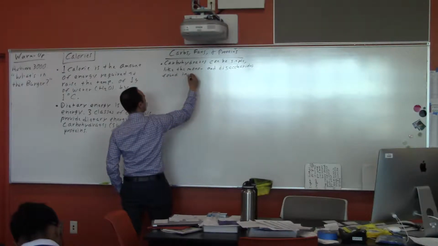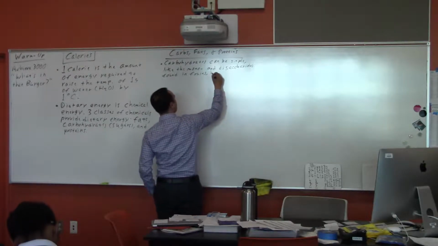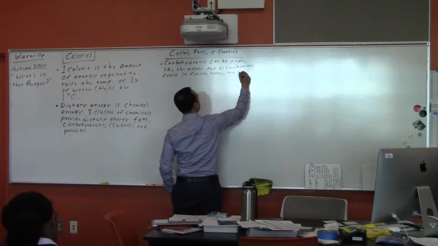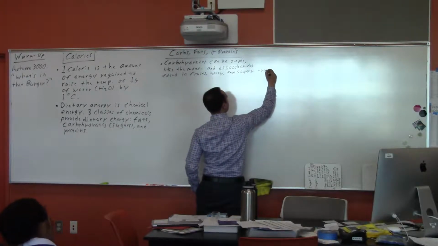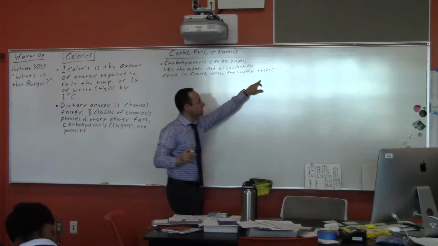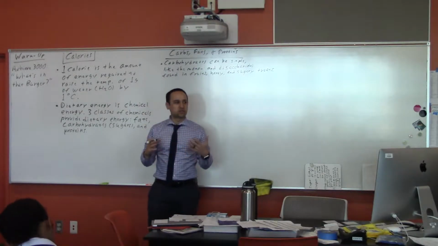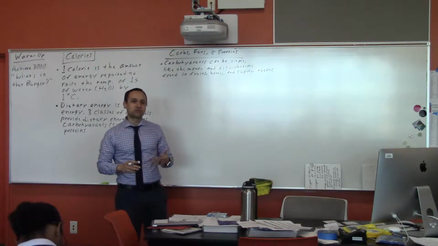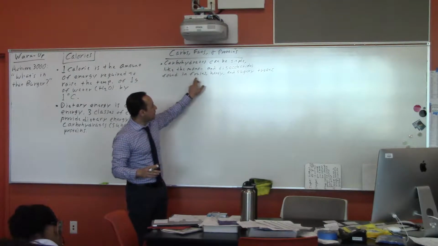Found in fruits, honey, and sugary treats. Okay? And when I say sugary treats, I include sugary drinks, okay? So your cakes, your sugary cereal, your Coca-Cola, whatever it is, right? Along with fruits and honey.